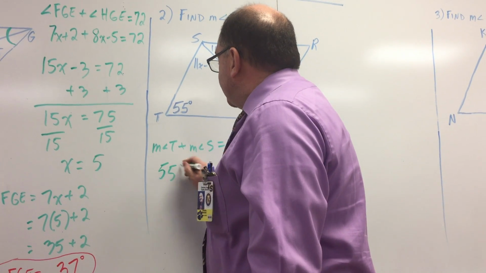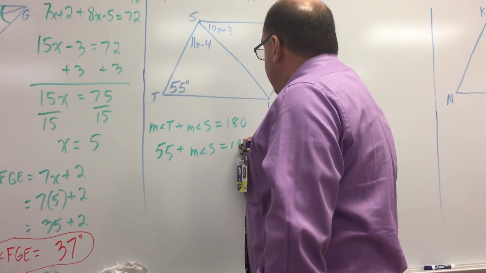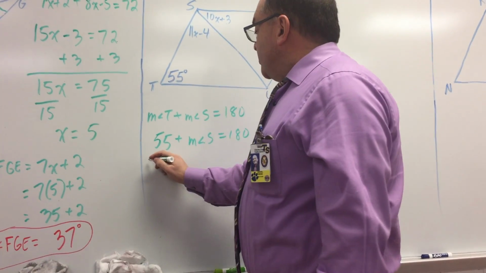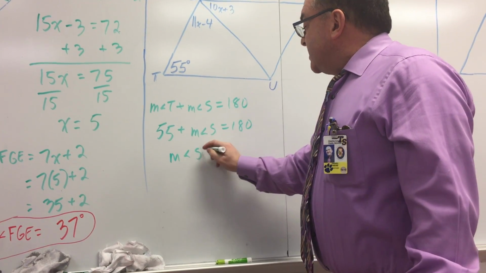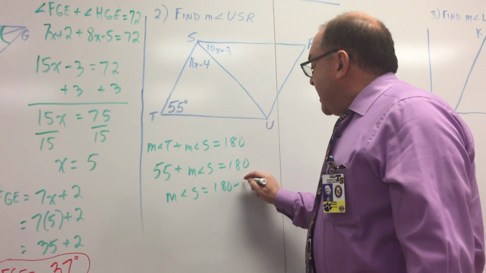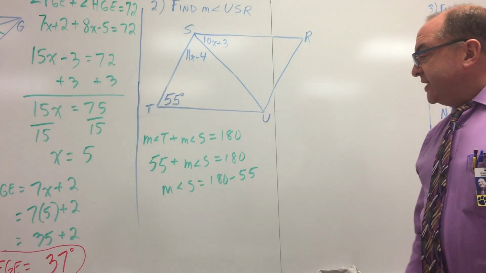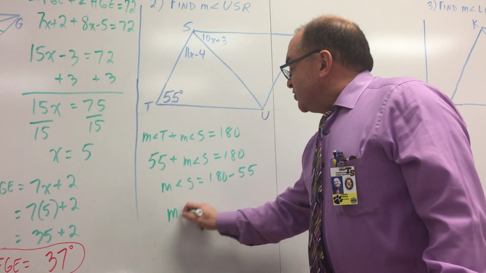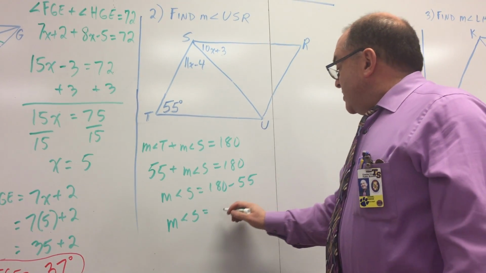Measure of angle T is 55 plus measure of angle S equals 180. I'm going to say measure of angle S equals 180 minus 55. Right? Minus 55 from both sides. Measure of angle S equals, what's 180 minus 55?